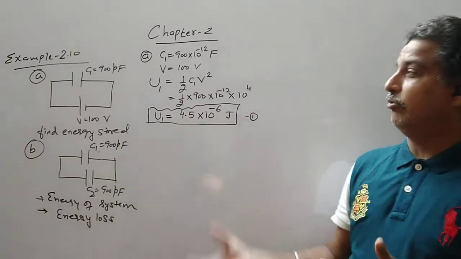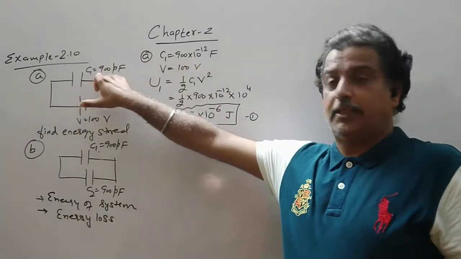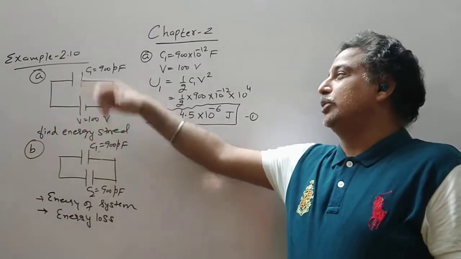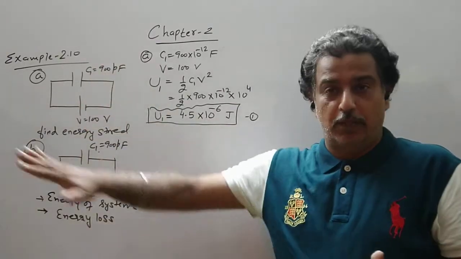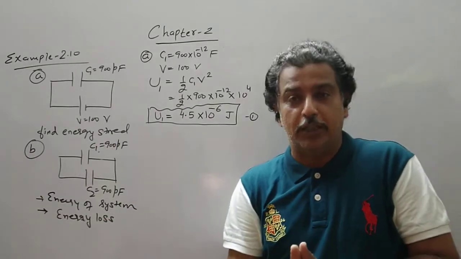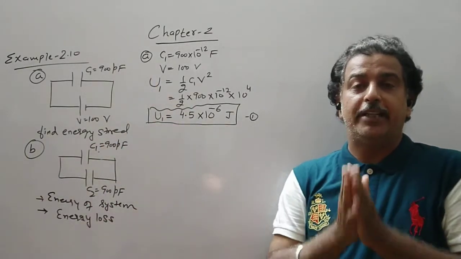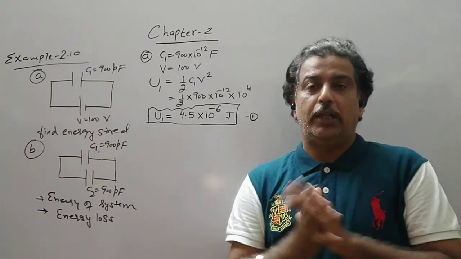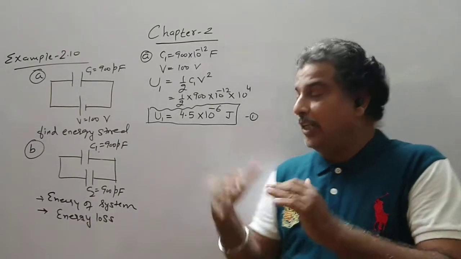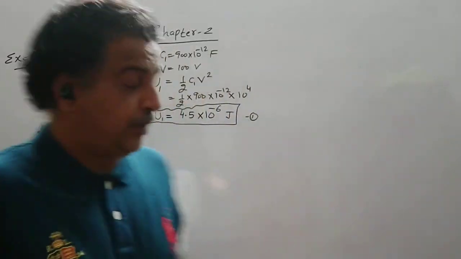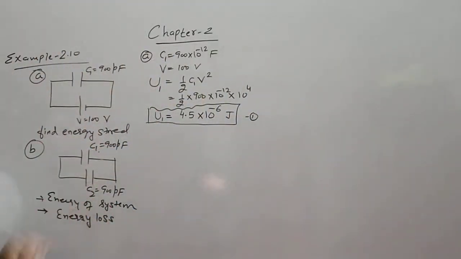Now it is clear that whatever amount of charge is stored in it, who is the source of the charge deposited? That is the battery. The battery is removed, so charge can neither be created nor destroyed. Since they are identical, the charge will be distributed equally. So let me first do the numerical from this concept when both values are the same.